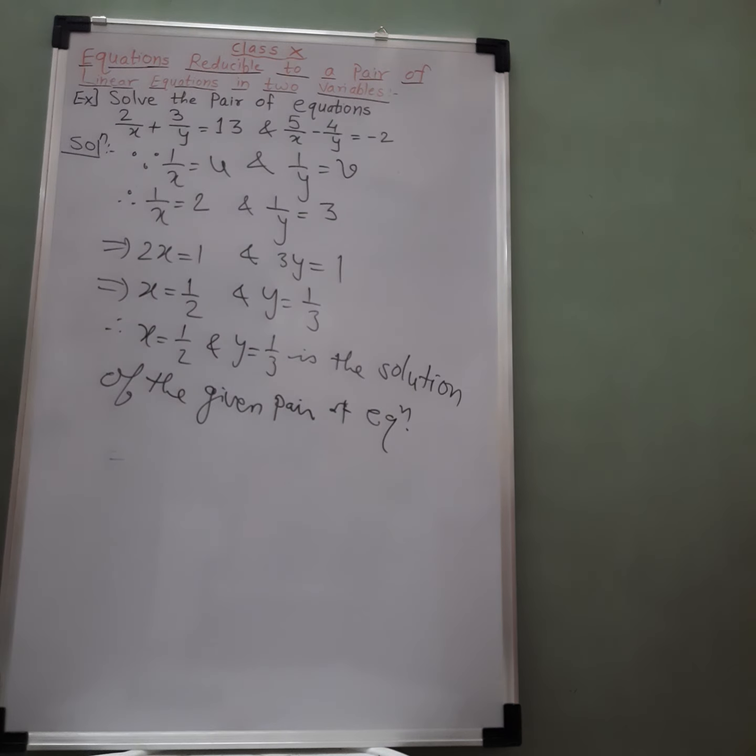I think all are clear how to solve, or how to reduce the given system of equations into the standard form. Okay, we will take one or two more examples like this.